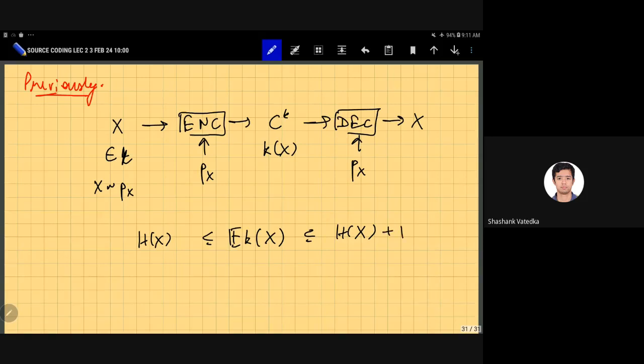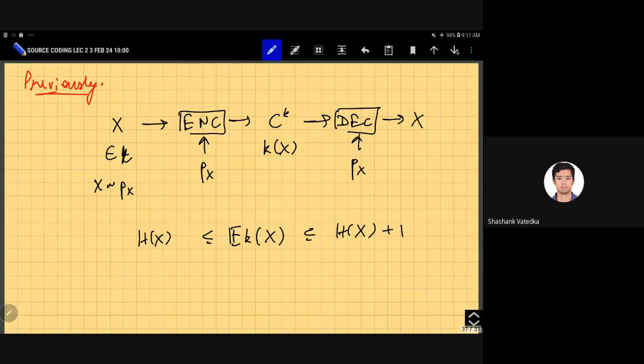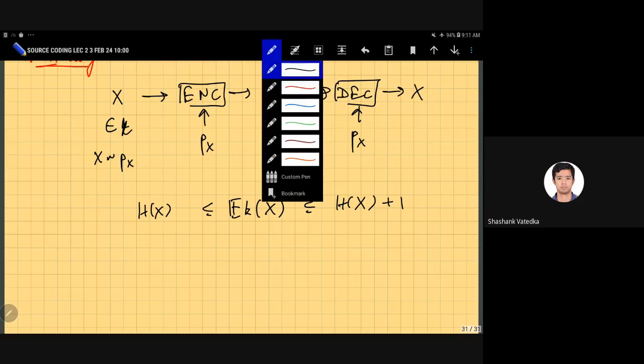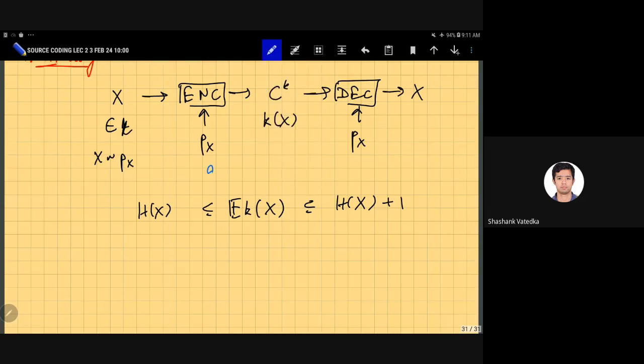Right? And we've seen that if the encoder does not know Px exactly, but instead uses Qx for encoding, then the additional price that you have to pay is D(P||Q), right?